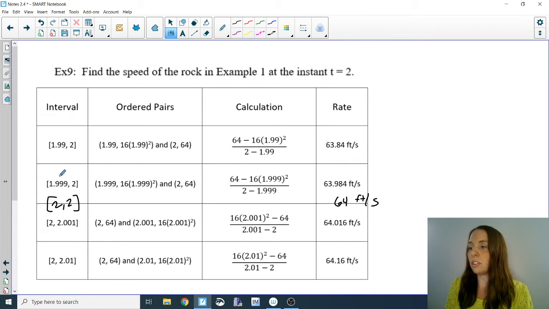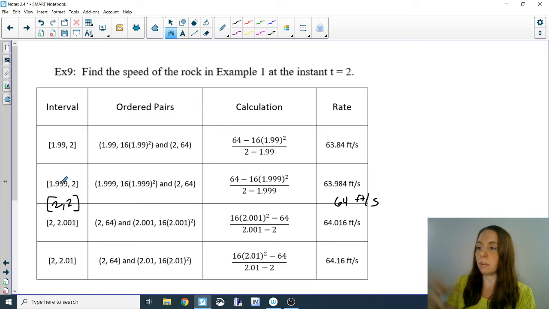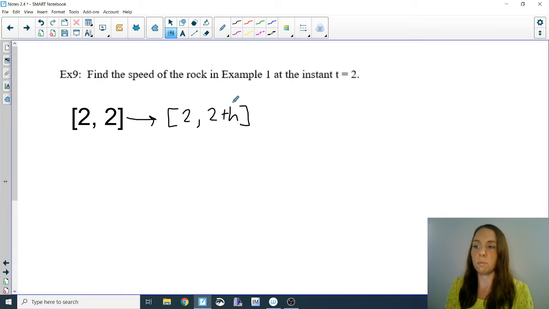You could add the h to the left endpoint, which would be approaching from the left-hand side, and so you could say, let's have an h value of negative 0.01 or negative 0.001. And so that's what this h means. Understanding where this h is coming from is pretty important, so if you have questions about that, please let me know. Because it's key, this is clutch right here, knowing that you're going to put a plus h in there, and that is going to take you into the formula that you need to use here.